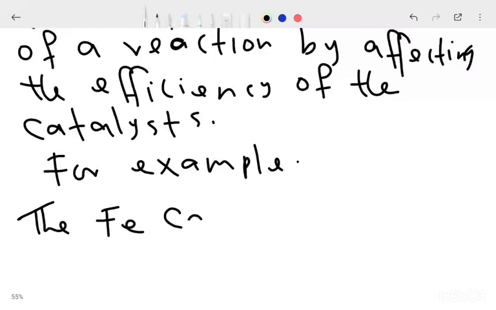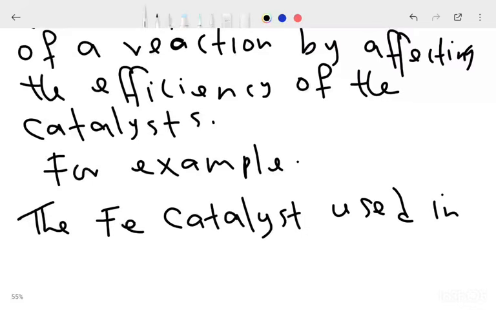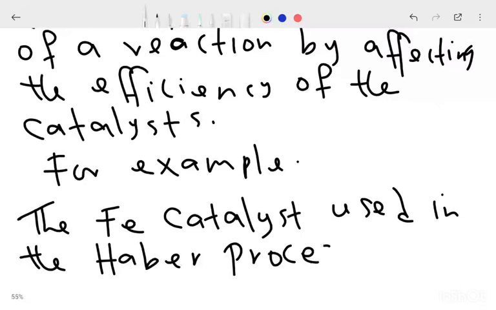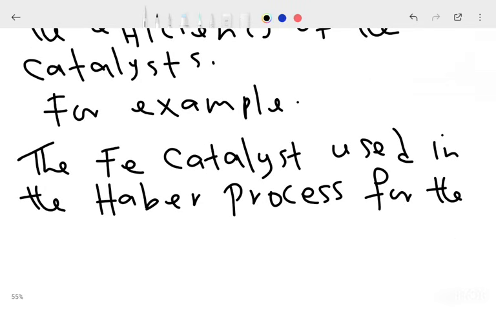The iron catalyst used in the Haber process for the production of ammonia.